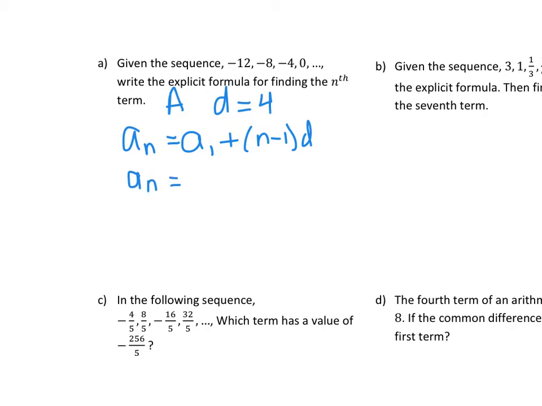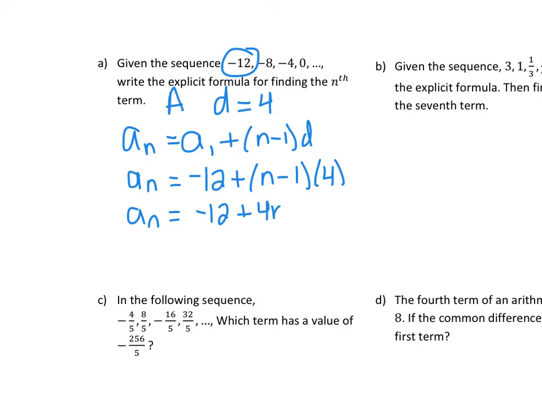Our first term is negative 12 plus, leave the n minus 1, and your common difference, which we figured out, is 4. From here, you're just going to simplify it. So negative 12, distribute that 4, so 4n minus 4. Combine your like terms. a sub n equals negative 16 plus 4n.